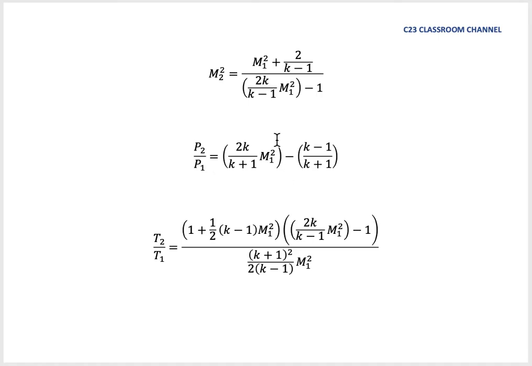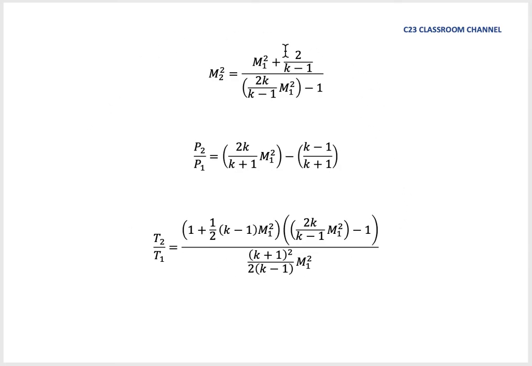And then for shock wave, it is totally different equation from isentropic flow. So please remember that if the question is asking you about shock wave, or we have a shock wave phenomenon in the question, you need to solve the problem before and after the shock wave by using this equation.